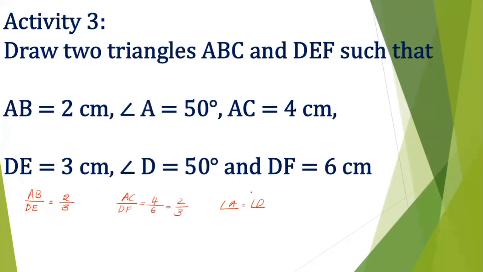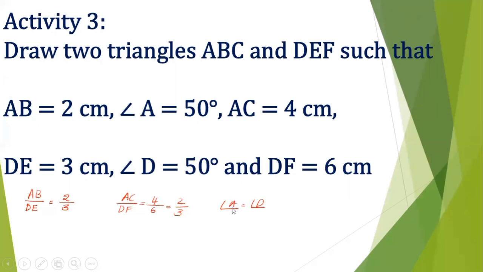Here we have to construct two triangles such that one angle of one triangle is equal to one angle of another triangle, and including sides of the angle should be in the same ratio.